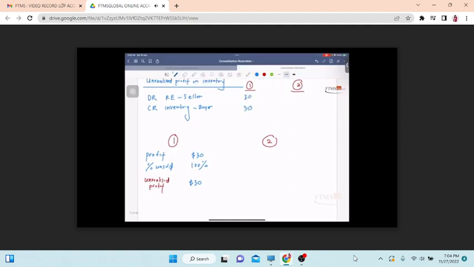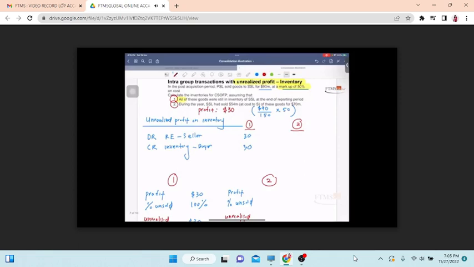Okay, then the second scenario, the same thing. To find unrealized profit, you need to find three numbers. One is the profit. Then you have a percentage unsold. And you have unrealized profit. So profit in this case, again, you have already calculated 30.